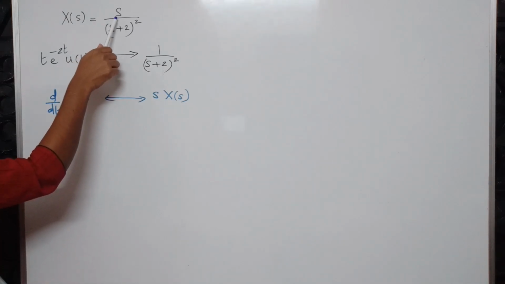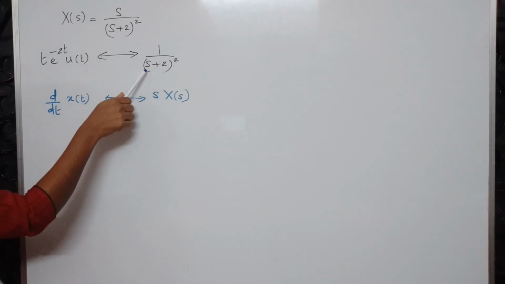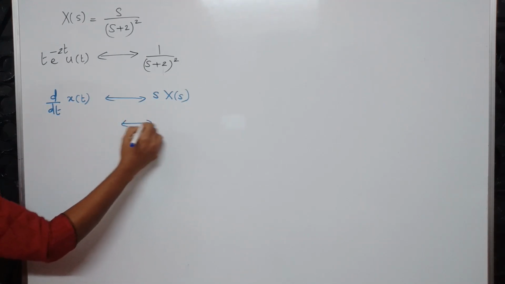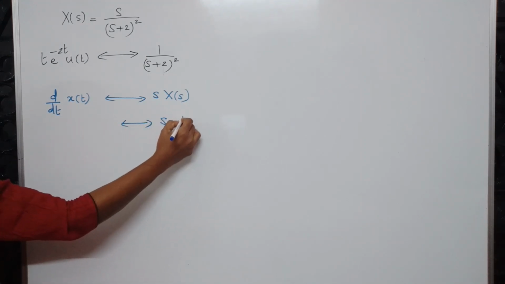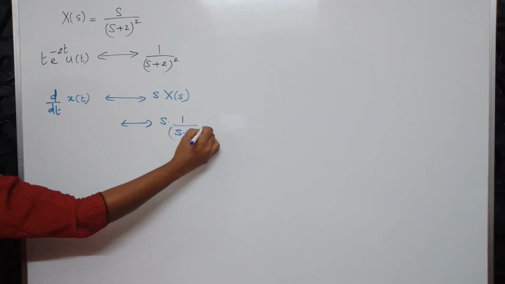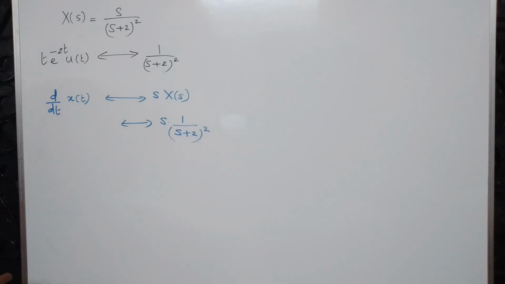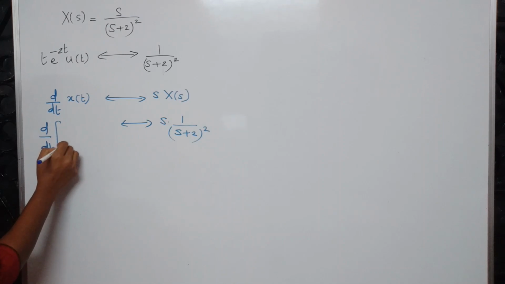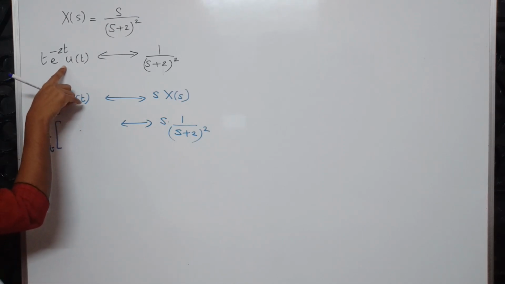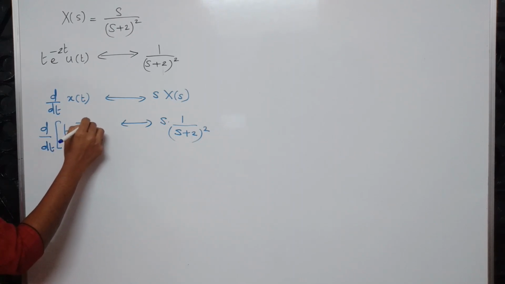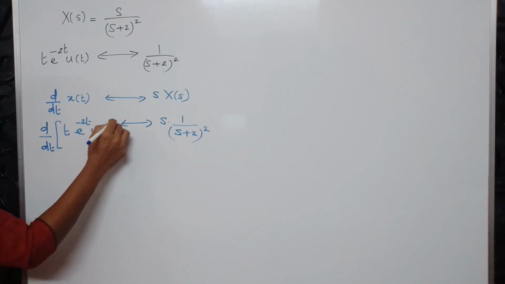So here you are multiplying s with 1 by s plus 2 the whole square. So this will be d by dt of what? X of t. What is x of t? X of t is t into e raised to minus 2t u of t.